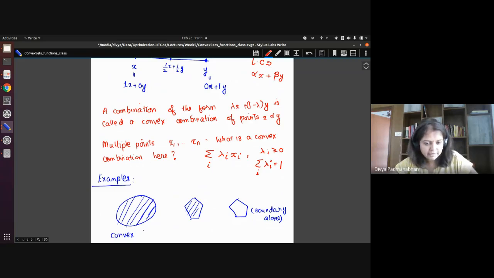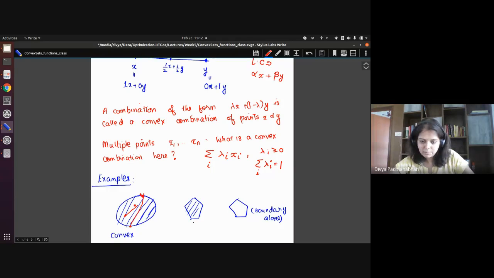So this is a convex set because any 2 points you take, and a line joining them, this is my drawing skills, it's supposed to be a line, any point on this line also belongs to the set. That's true for every combination of points you take.